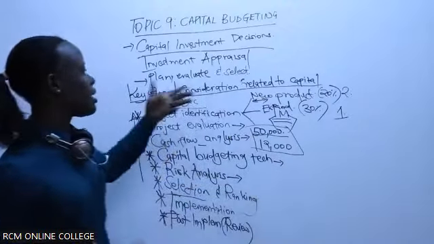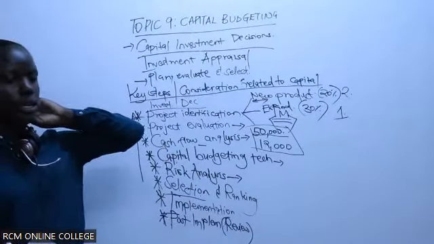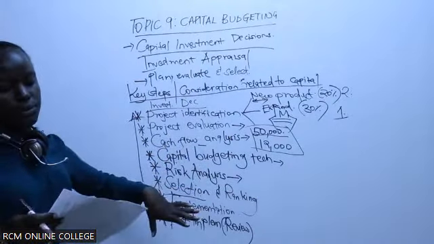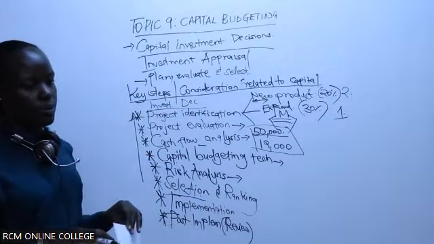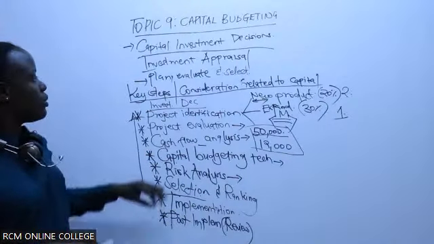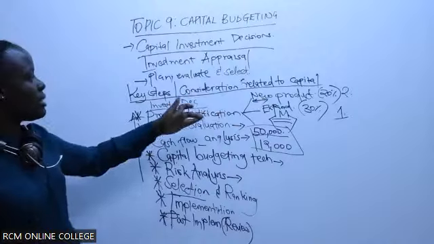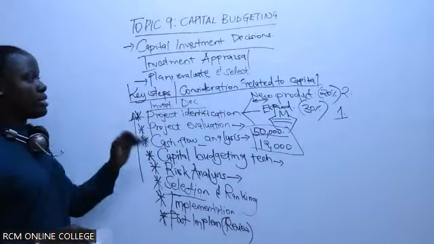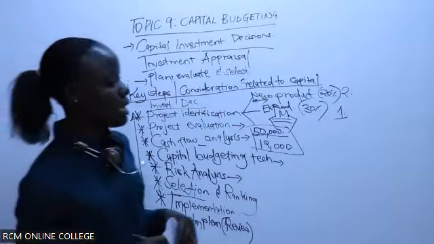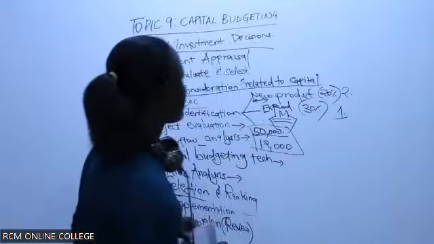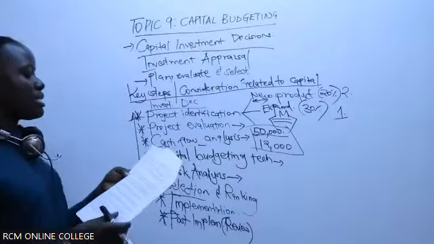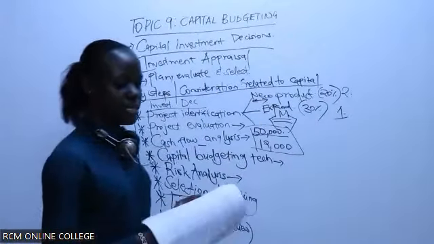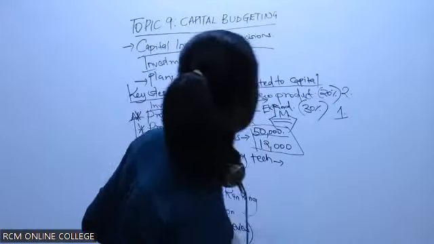Any question on the steps or considerations related to capital, or are we clear on that? Can we continue? We've looked at what capital budgeting is, and now we've looked at the key steps or considerations related to capital. I guess there's no question. Now from there, we look at the importance of capital investment decision, the importance of capital budgeting.